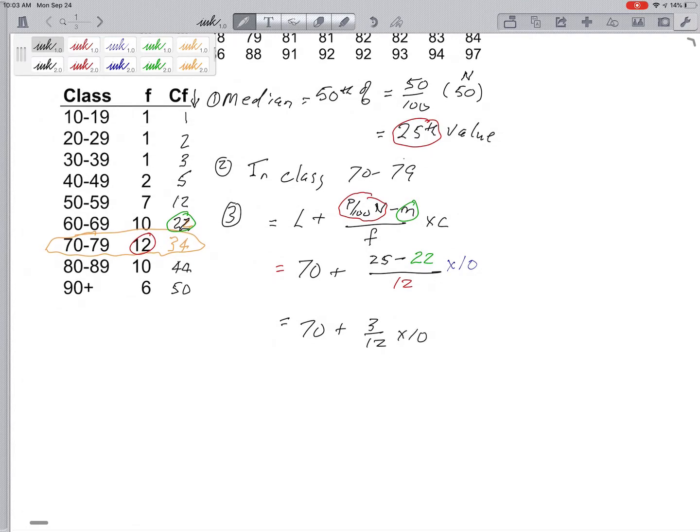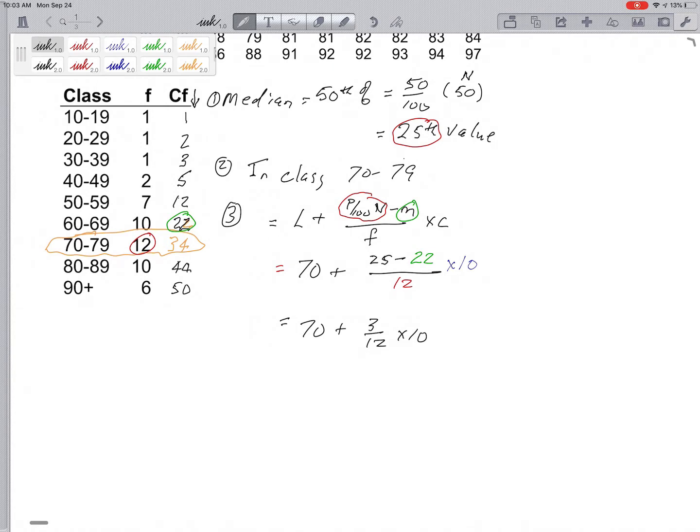So what that's saying is that there's 22 values before we get to the 70s. And so the median is going to be 70 plus some proportion of that class in the 70s. We want to go to the 25th value, so that's 3 values in. And if there's 12 values in the class, it's 3/12 or 1/4 of the distance.